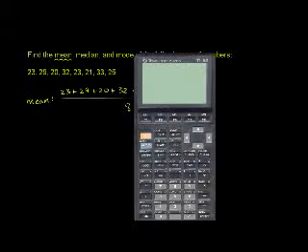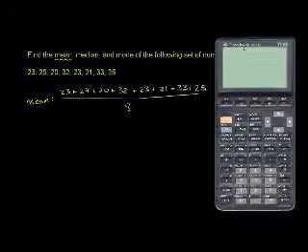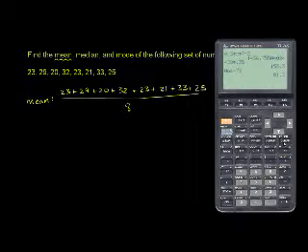Actually, I'll just get the calculator out for this part. I could do it by hand, but we'll save some time over here. So we have 23 plus 29 plus 20 plus 32 plus 23 plus 21 plus 33 plus 25.